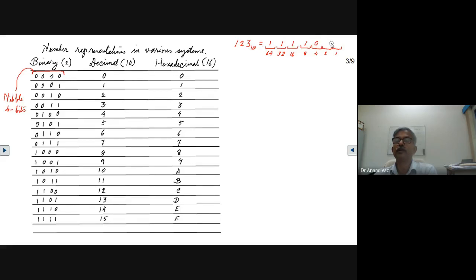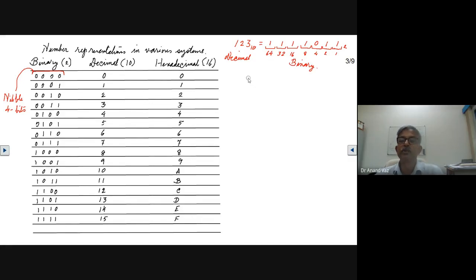You can then add a 2, and you can add a 1. Now, this is one way of representing 123 in the binary number system. So this was the decimal, and this is binary.